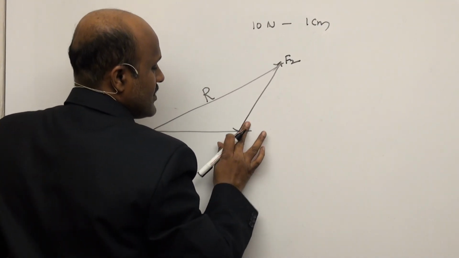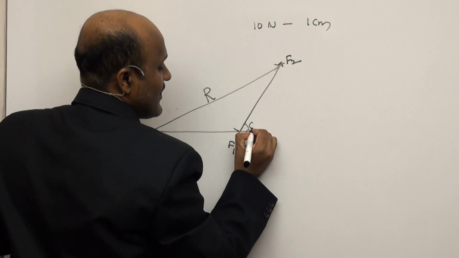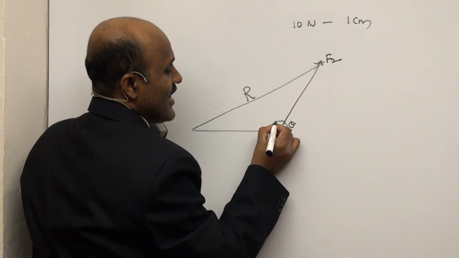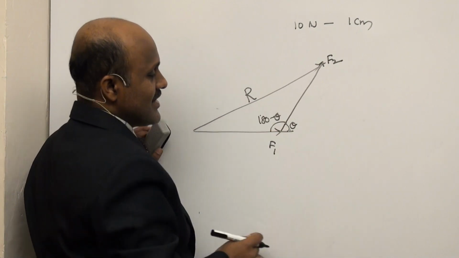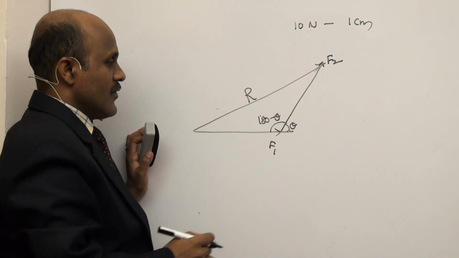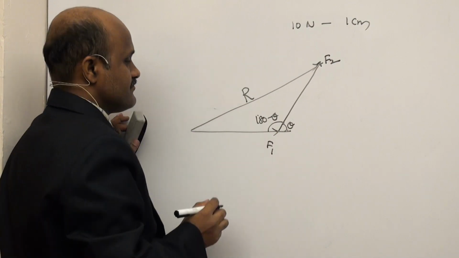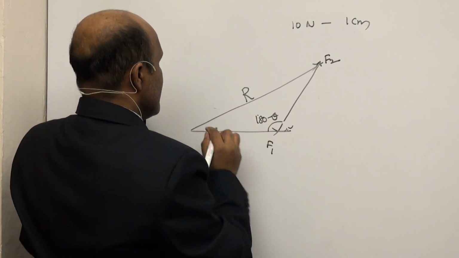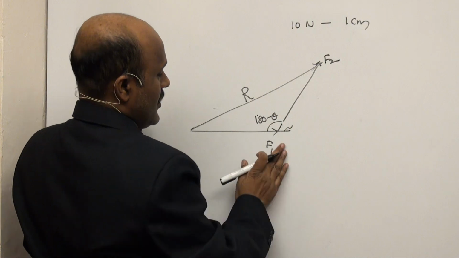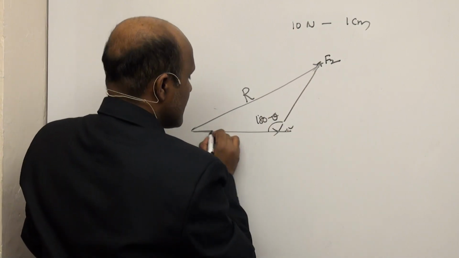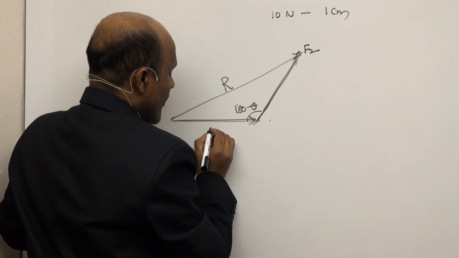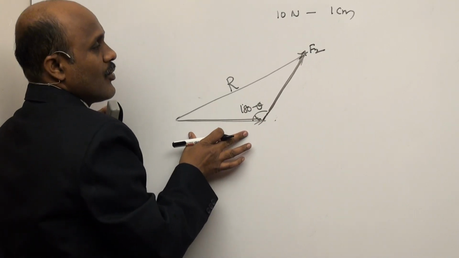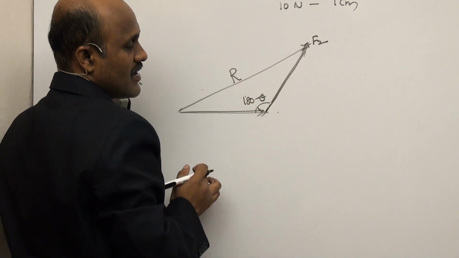Now, here it makes an angle theta. What is the angle here? 180 minus theta. Now, this is the resultant of these two forces, and there is another force here, drawn to a suitable scale.